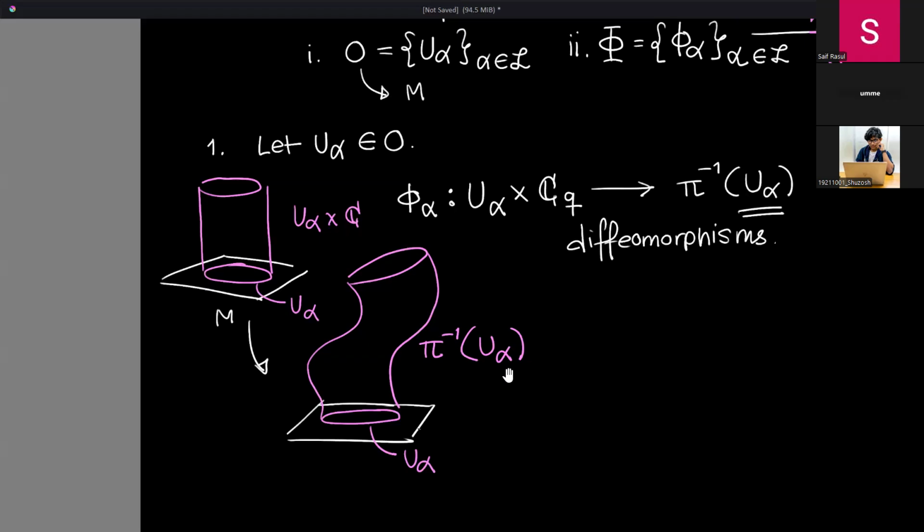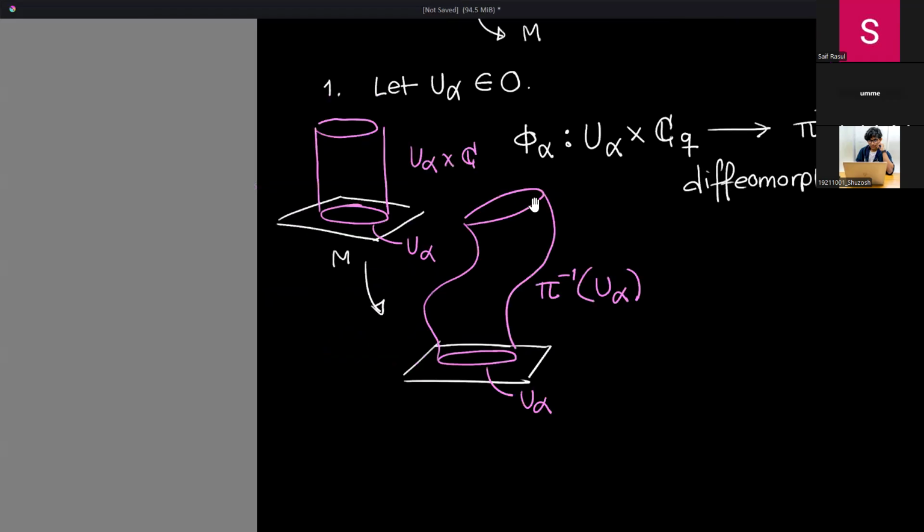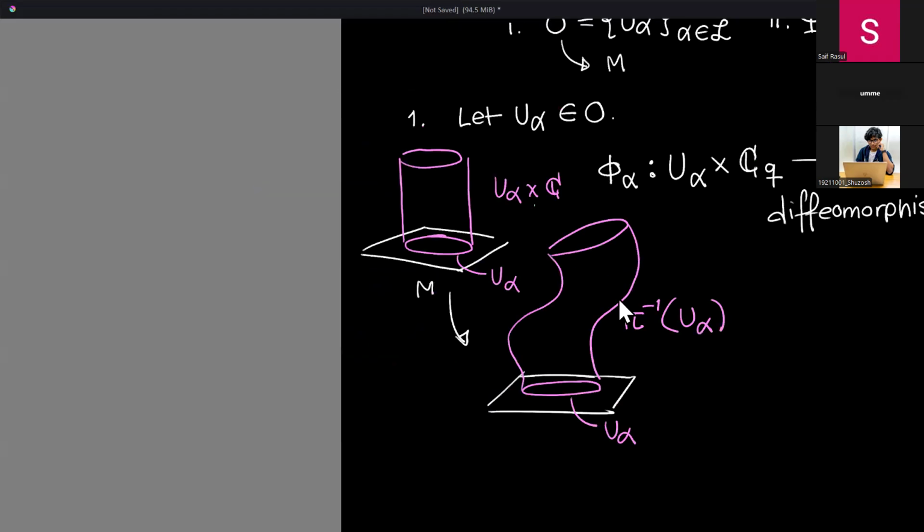So what that means is that we take this cylinder U alpha cross C, well, U alpha cross C^q. These are lower dimensional analogs. You're going to have to imagine that these could in general be higher dimensional objects.